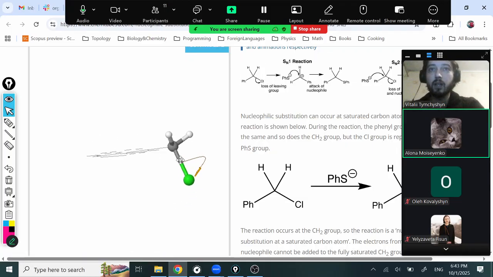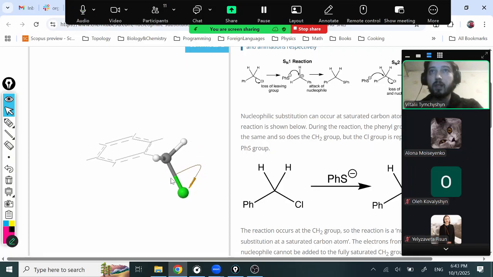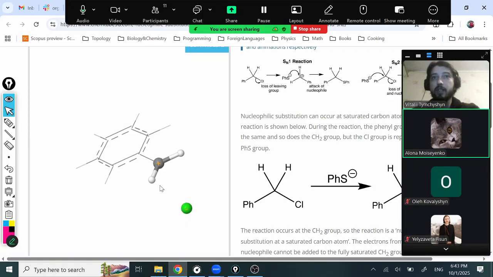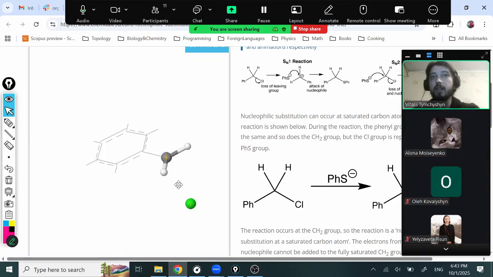So here is how that looks like in 3D. Let's look at that. So this group is leaving. This is the slow step. So if we have some amount of this chemical, we should wait, maybe for a long time, before this chlorine leaves.